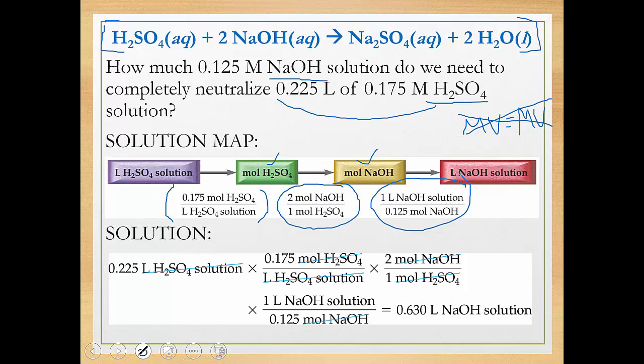When it asks how much sodium hydroxide solution, it wants to know in liters. So when I plug everything in, here's the volume of the sulfuric acid, here's the molarity, here's my stoichiometry, and another molarity, and that leads me down to the volume that I need, 0.630 liters of sodium hydroxide solution.